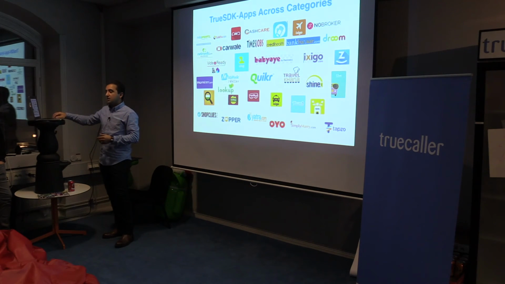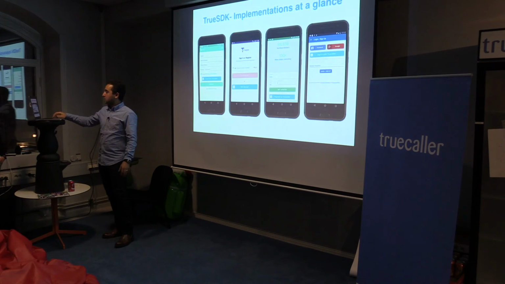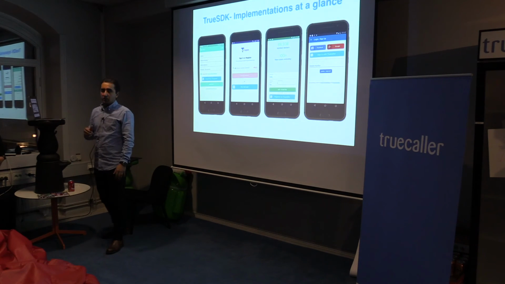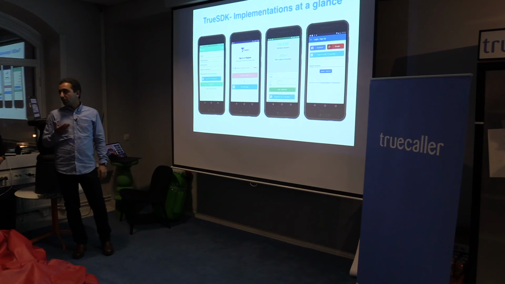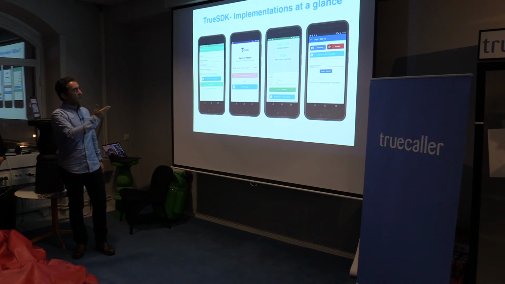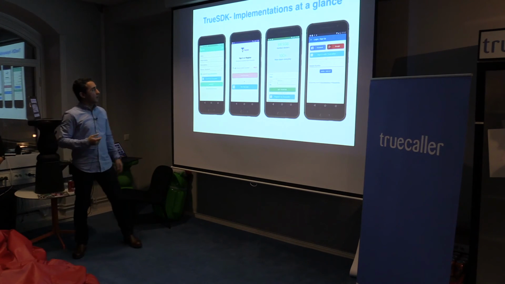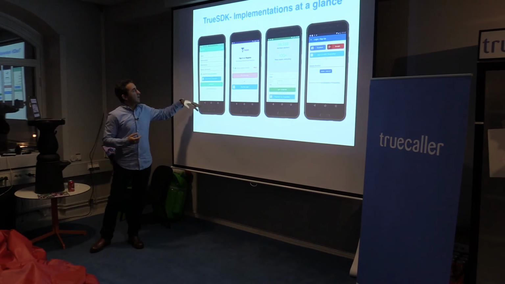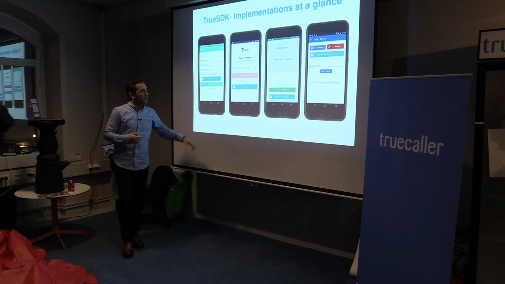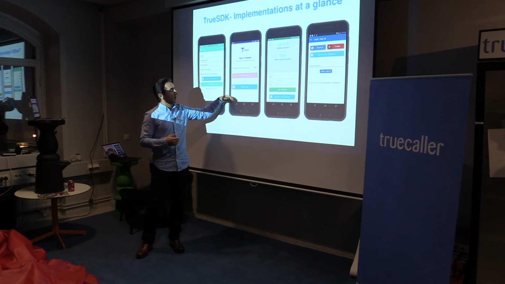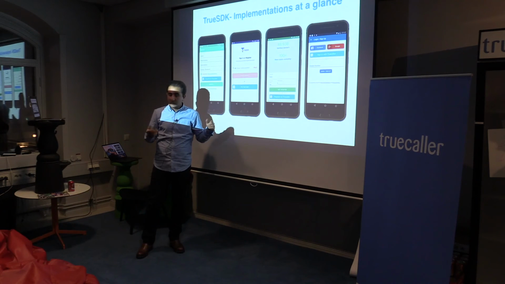The reason we have that many different types of apps in different categories using TrueSDK is that it's very flexible. These are some real screenshots of real apps. As you can see, this app only uses it for autofill. Here they are offering TrueCaller as a one-tap login alternative.